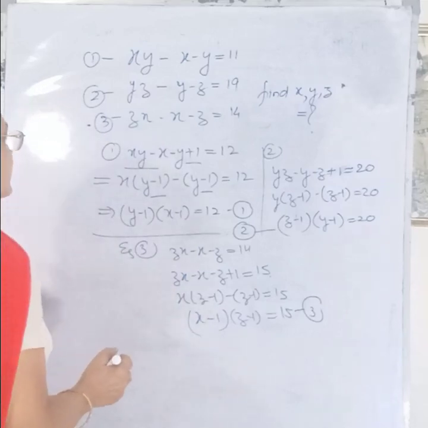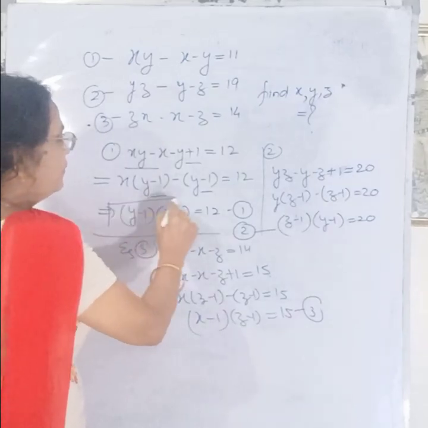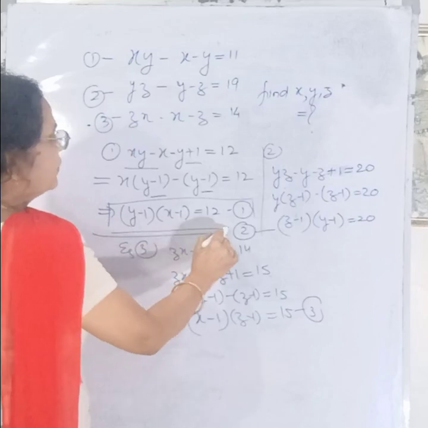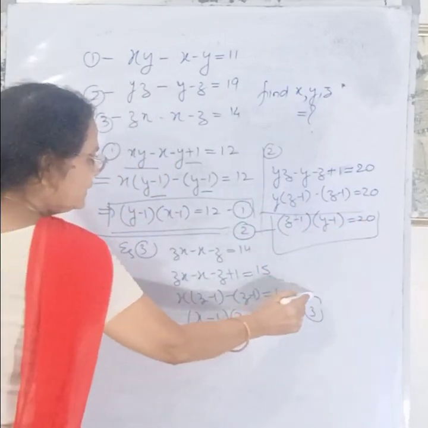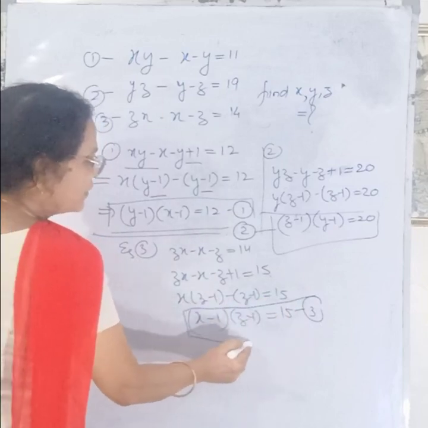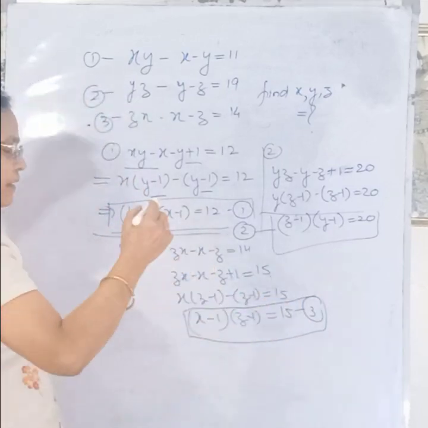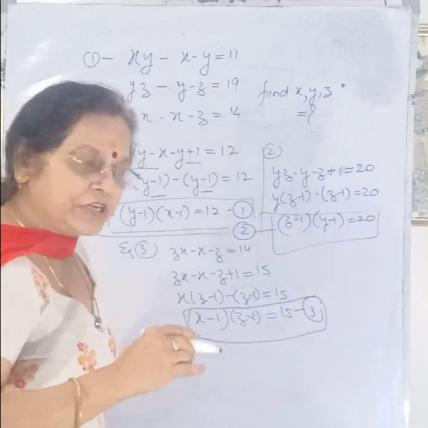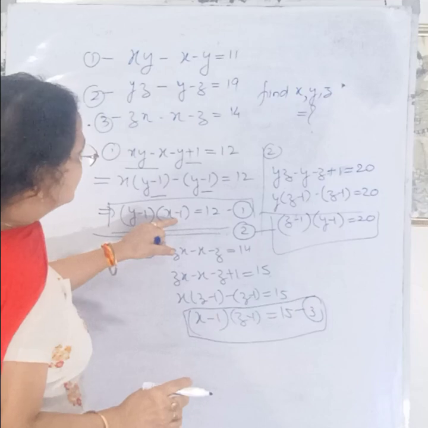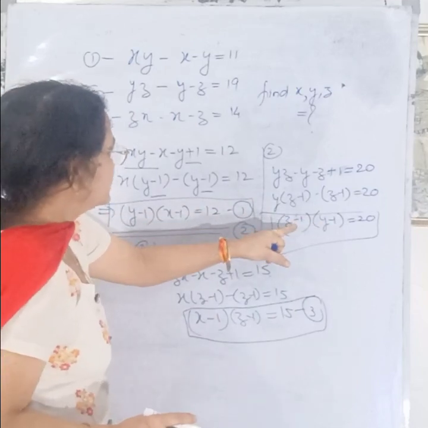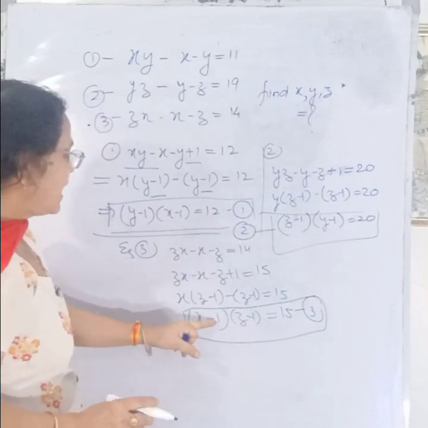Now we have 3 equations. This is the new form of equation number 1, this is the new form of equation number 2, and this is the new form of equation number 3. Let us multiply all these 3 together. Then we'll get y minus 1, x minus 1, y minus 1, z minus 1, z minus 1, x minus 1.